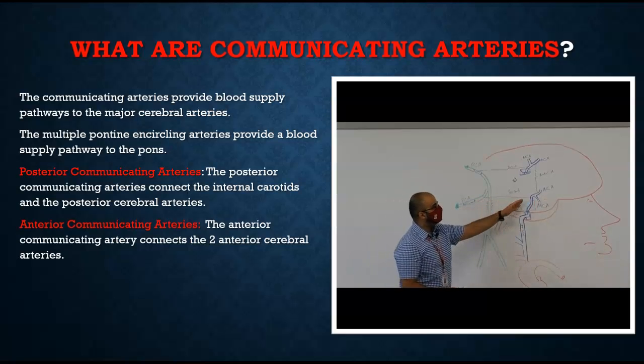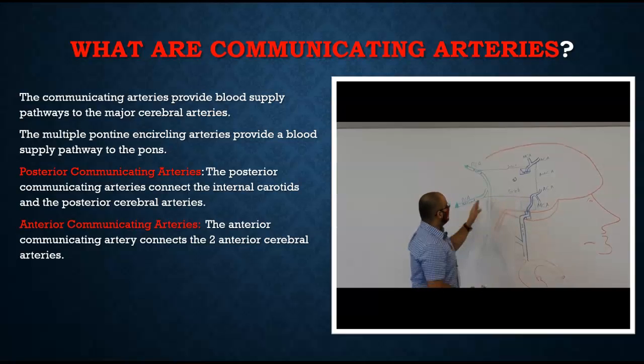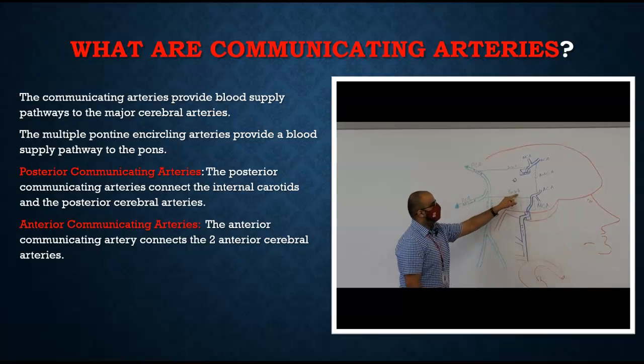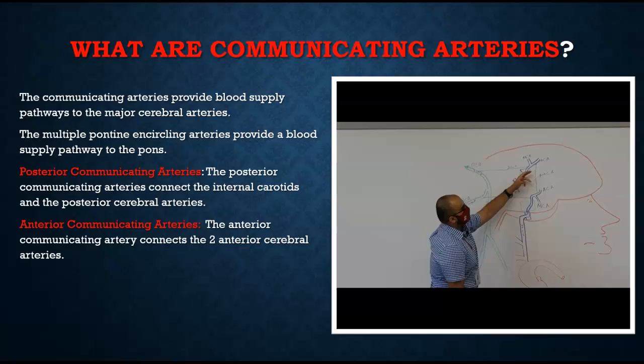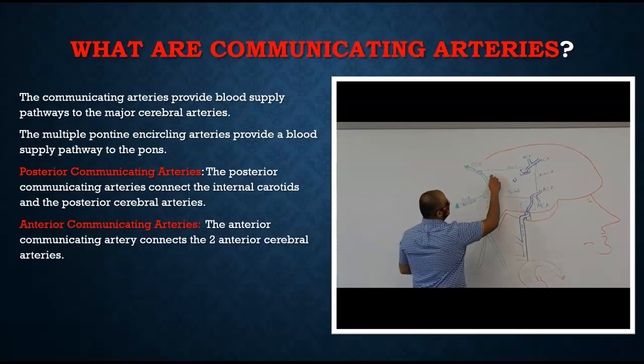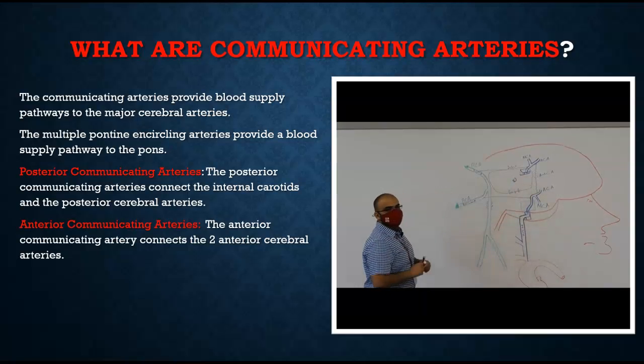Using the posterior communicating artery. The posterior cerebral artery communicates with the internal carotid artery system through the posterior communicating artery. And both anterior cerebral arteries communicate with each other through the anterior communicating artery. So this is a circle. We call this the circle of Willis.